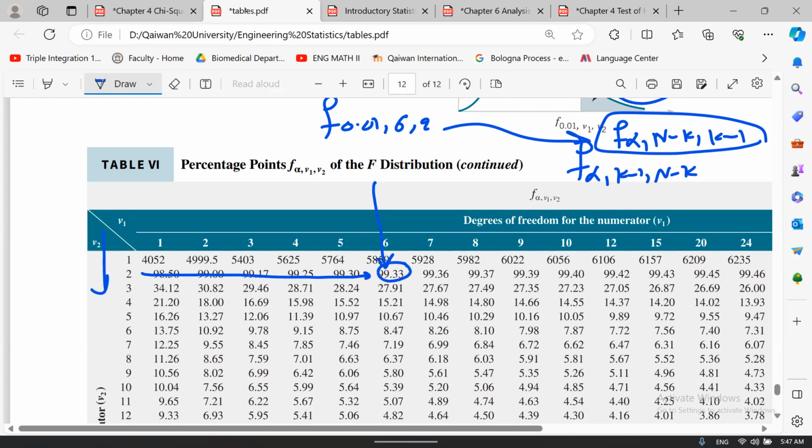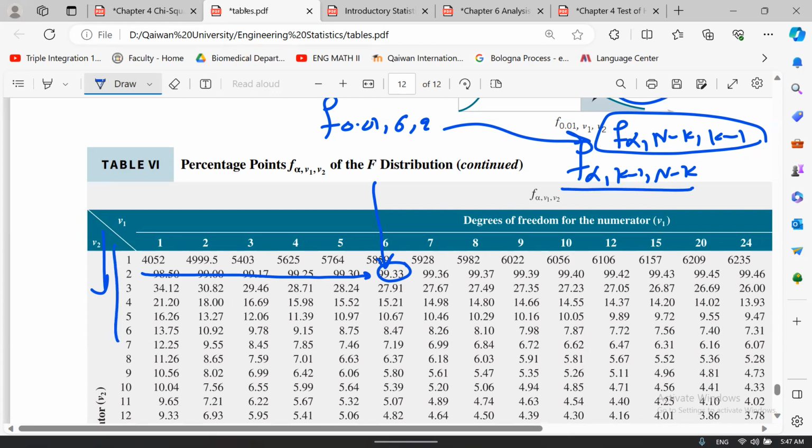It's 99.30. Look, what a difference we have. The true value is 10.92. But by changing the order of k minus 1 and n minus k, you get 99.33. They are different. So be careful with the order. It must be k minus 1 and n minus k.